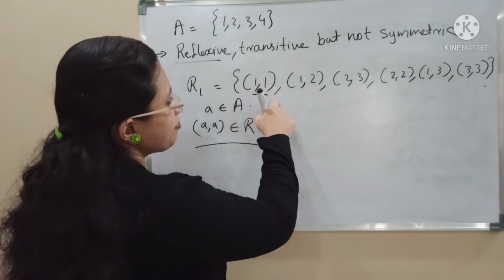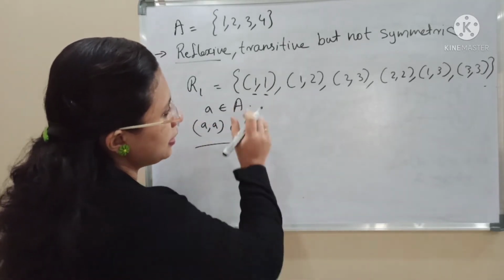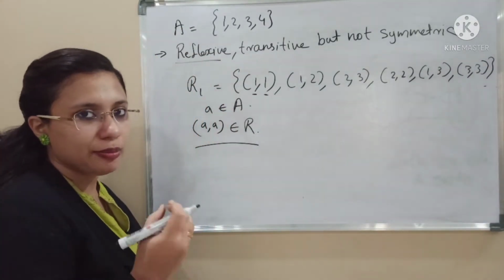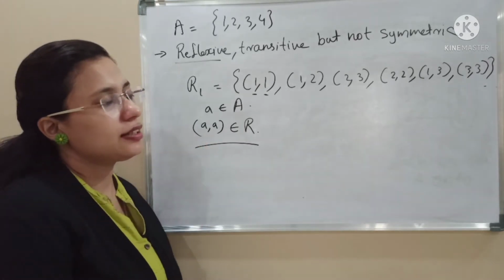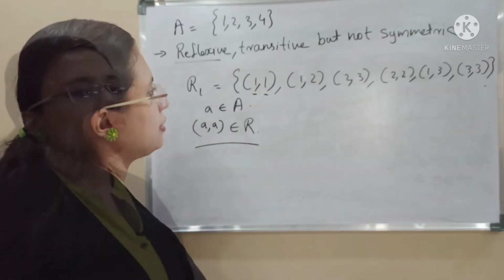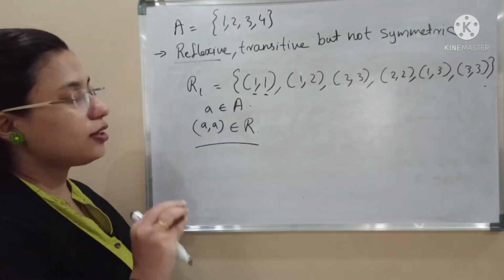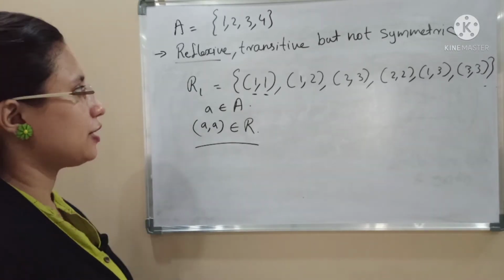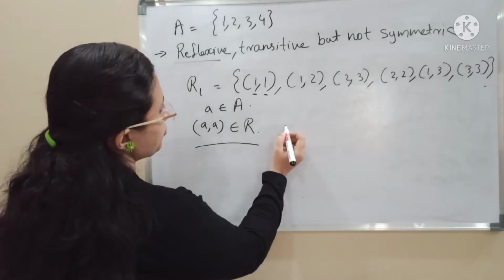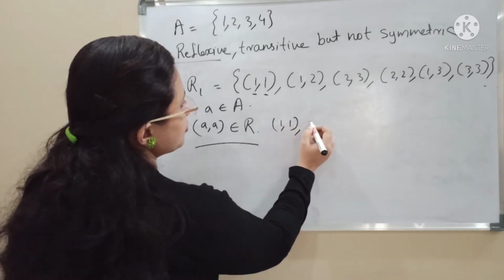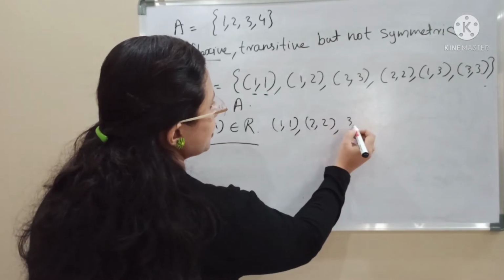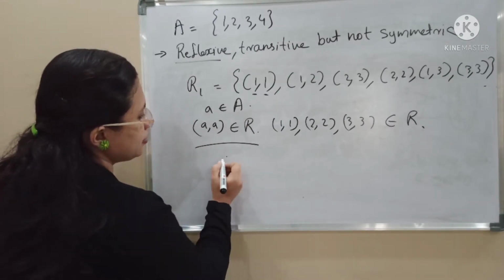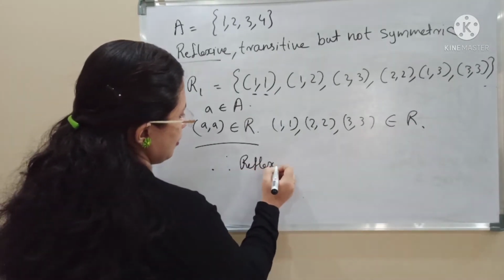All the relations which come with their image, similar to the element, satisfy this condition and will be reflexive. So (1,1), (2,2), (3,3) are there in the relation, right? So we can say therefore it is reflexive.